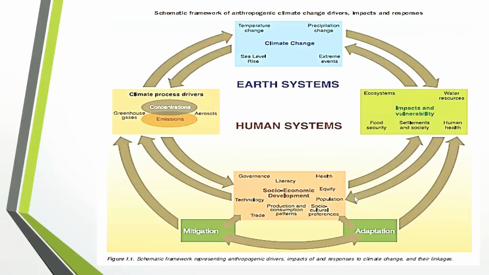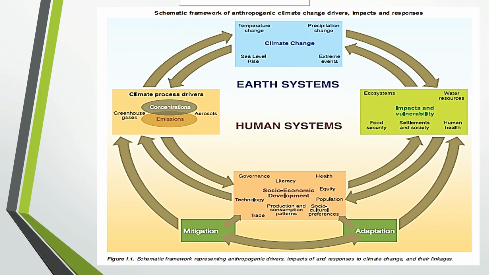Okay, so climate change. These are the effects in terms of Earth system. The temperature change, the sea level rise, because more energy is absorbed from the sun and less is reflected back. Extreme events, because of extreme heat, extreme rain, precipitation changes.